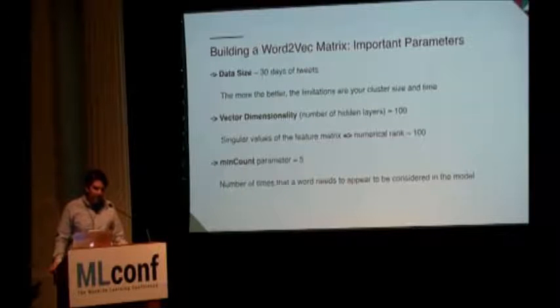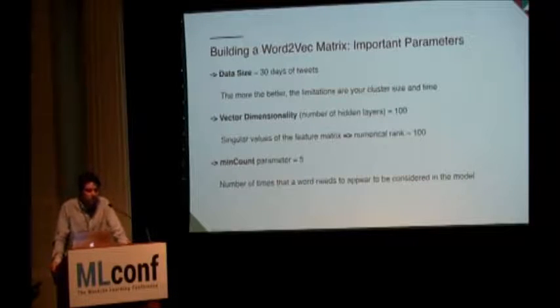And I tested that 100 was enough, because I computed the singular value decomposition of the matrix. I plotted the singular values, and I realized that 100 was already decaying enough, on the order of 10 to the minus 3. So 100 was a good value to choose there. But that may vary if you change to a different data source.